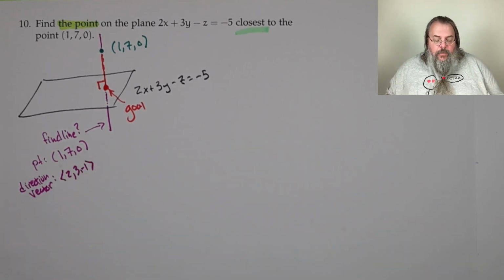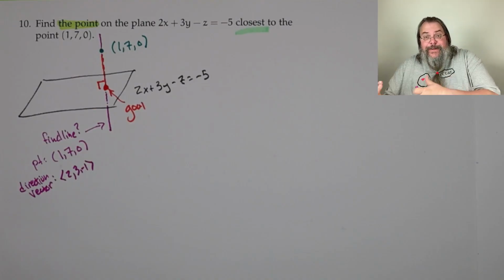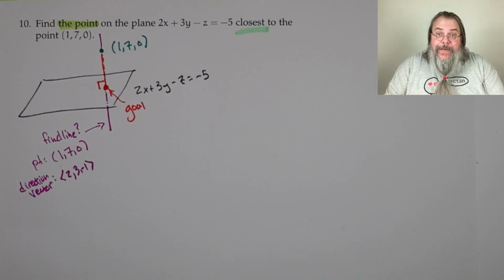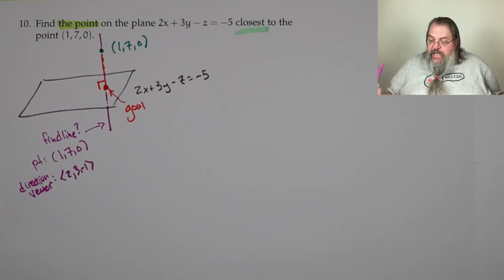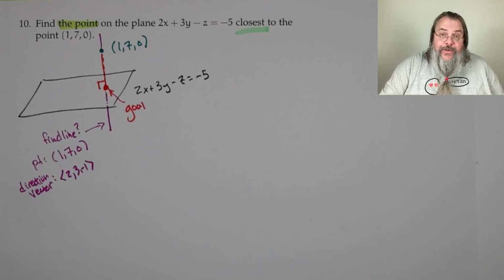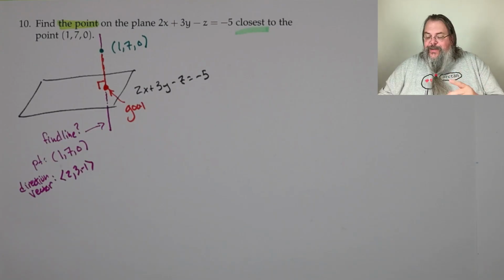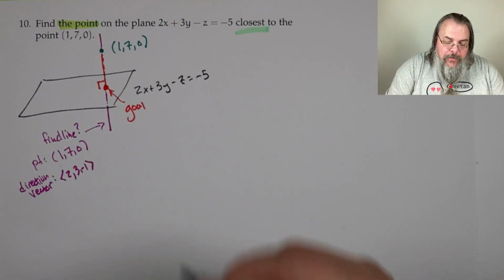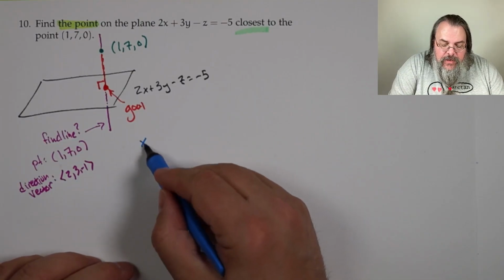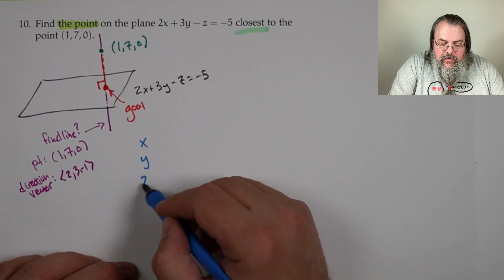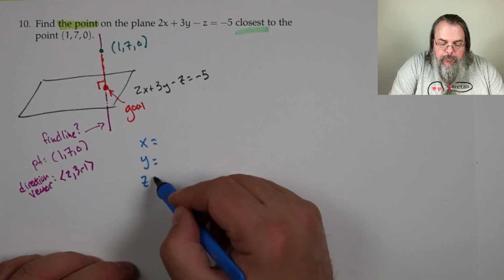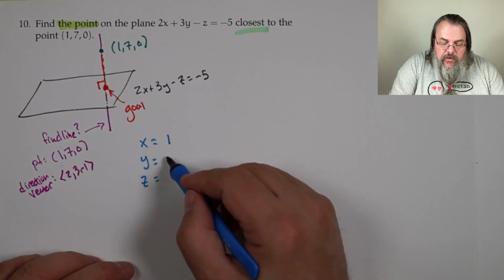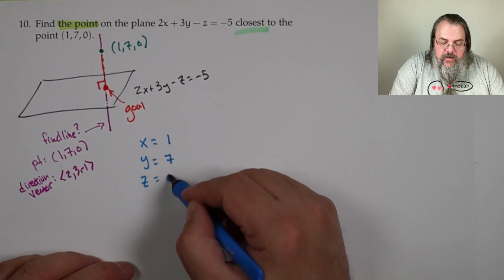And now you're like, whoa, wait a second. Now we've got a point and a vector. We can definitely find this line. Maybe you're not convinced it's going to be a useful line, but at least I think I can convince you we can find it. And we say, all right, well, let's write down our equations. We have x, y, z. We put in our point, 1, 7, 0.